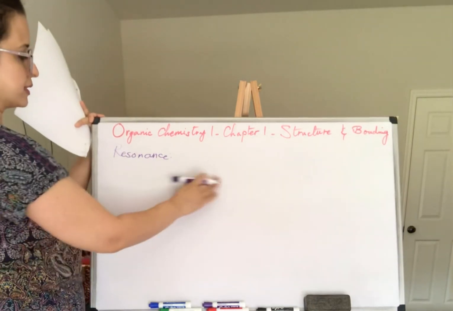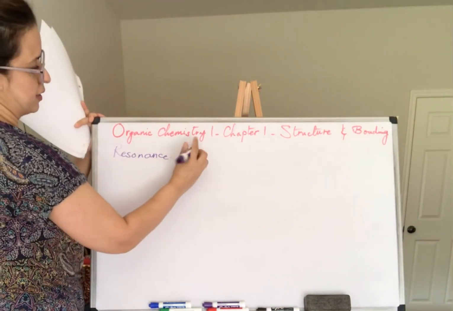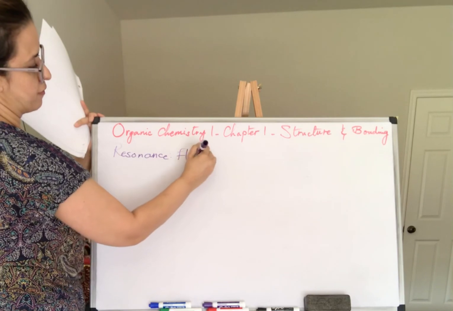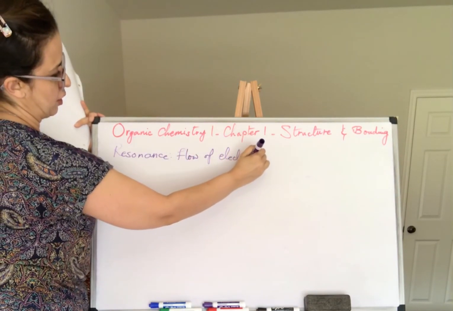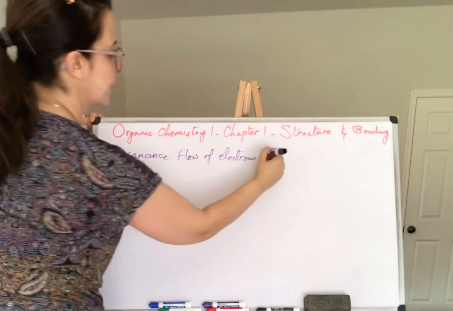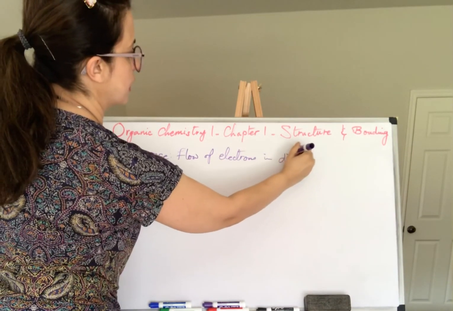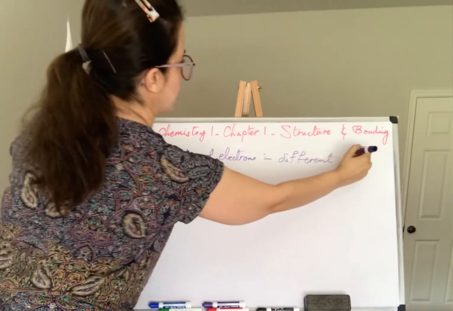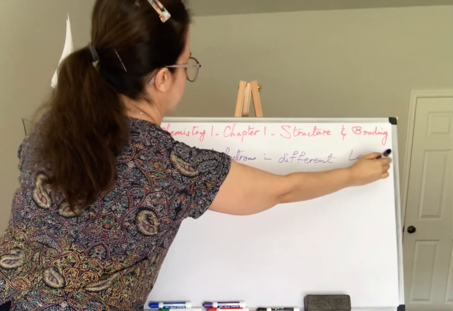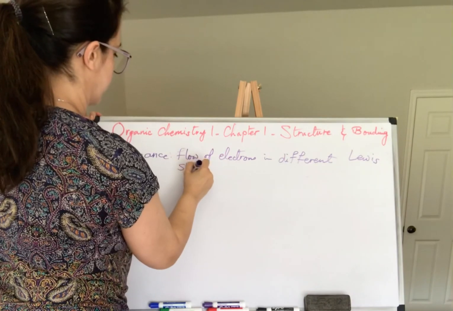Resonance structures show the flow of electrons in different Lewis structures.